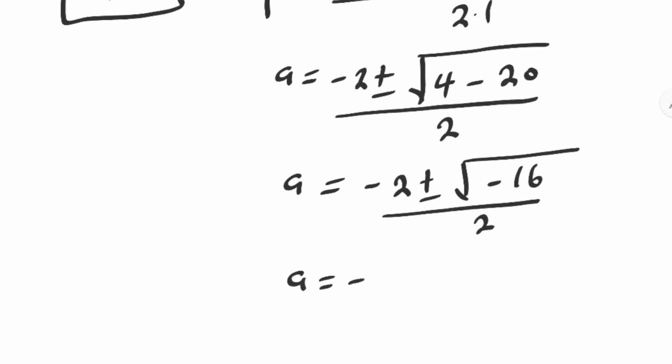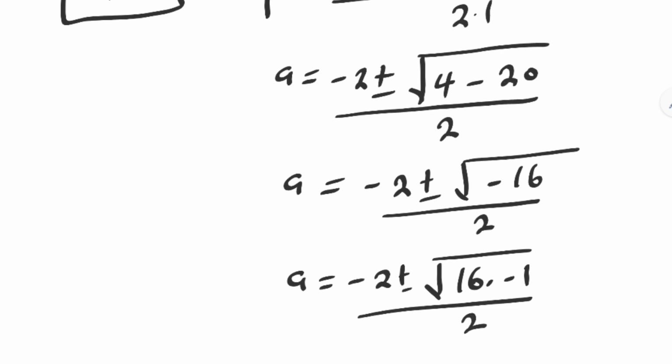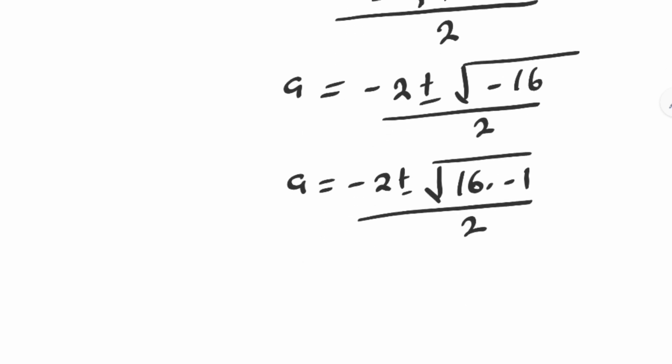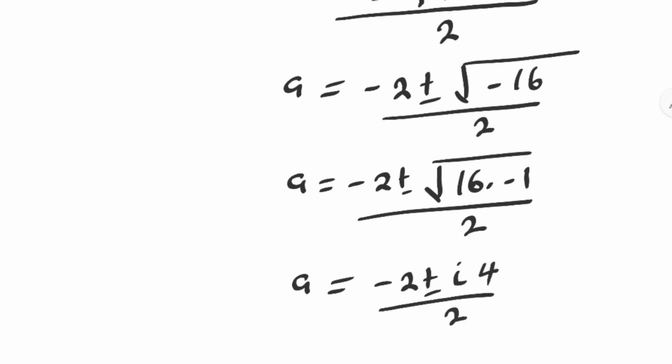Minus 16 can be written as square root of 16 multiplied by minus 1. Square root of minus 1 is equal to i, and square root of 16 is 4, over 2.